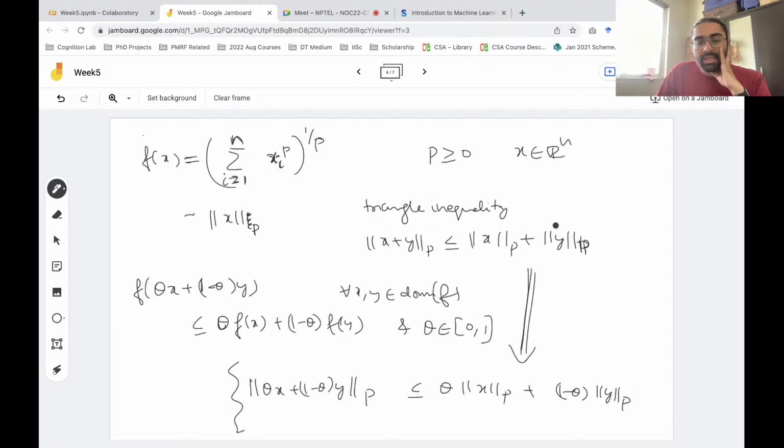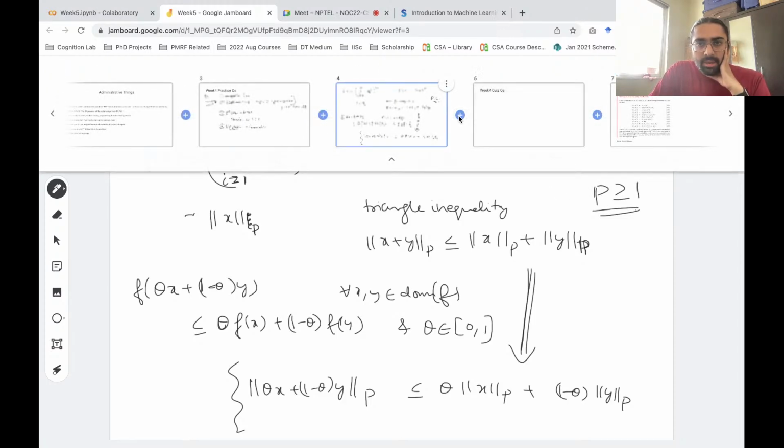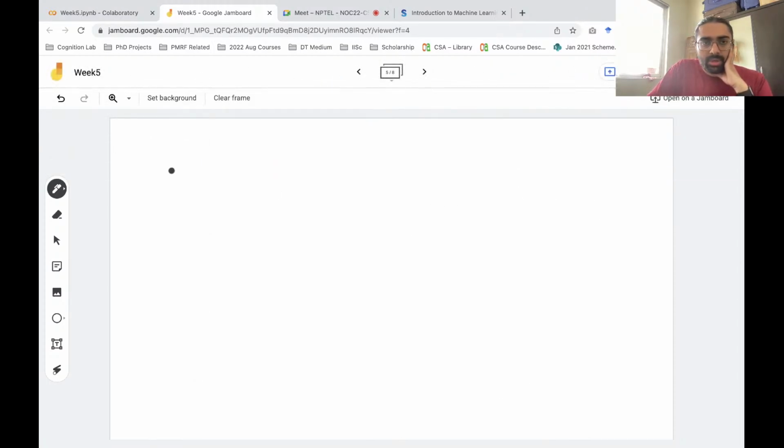Ideally, the triangle inequality is for Lp norms, but this is for p greater than or equal to 1. The way to prove it is a bit straightforward: when you prove for p equal to 1, you take the limit as p tends to 1. For p equal to infinity, you take the limit as p tends to infinity.